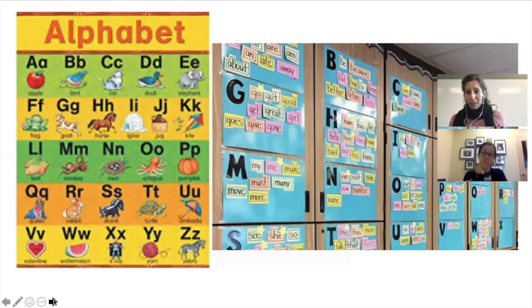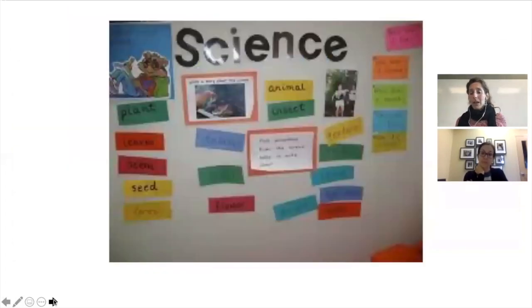Another good example of a word wall could be when you want to build that academic vocabulary with your students, where you may have a word wall per unit, per concept that you're teaching. So you're trying to have some words like this in science, if you're doing a unit on animals and plants, and then on the back of those words, you could have the description and a picture associated with each word.